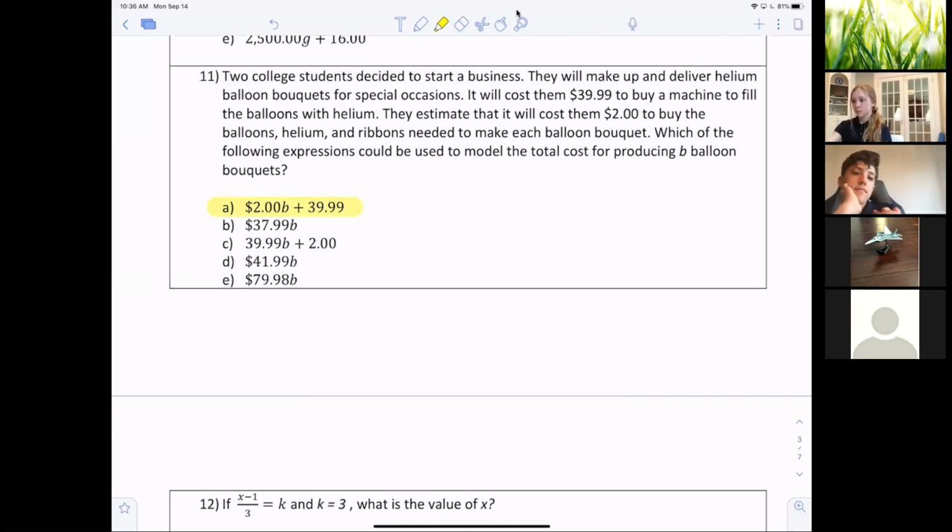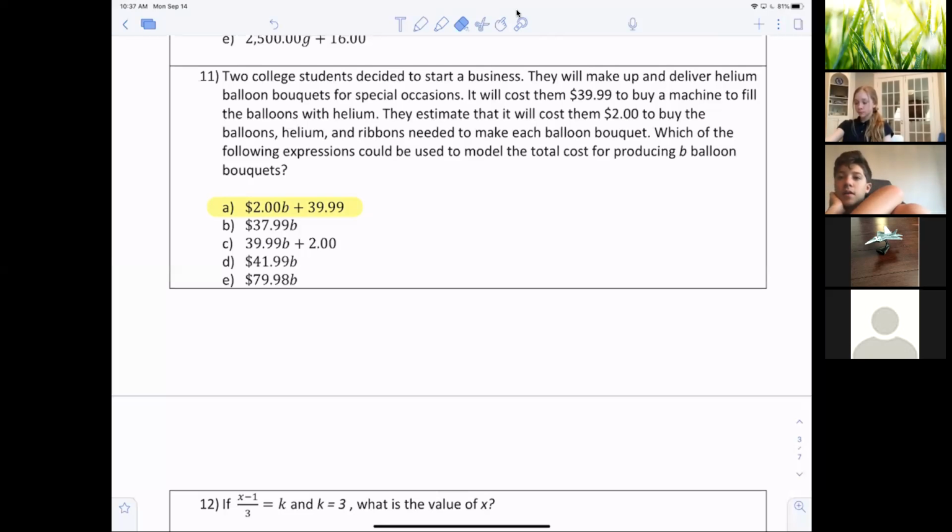Yeah, because it's going to cost you $2 for every bouquet that you make, correct? Now, the $39.99, is that a one-time fee or something you have to add for every bouquet? One time. That's just a one-time fee, unless it keeps breaking every single time.